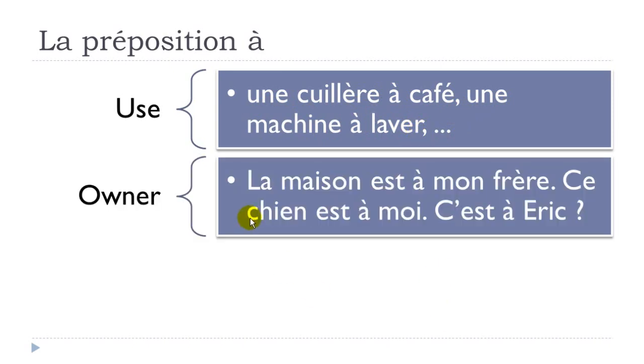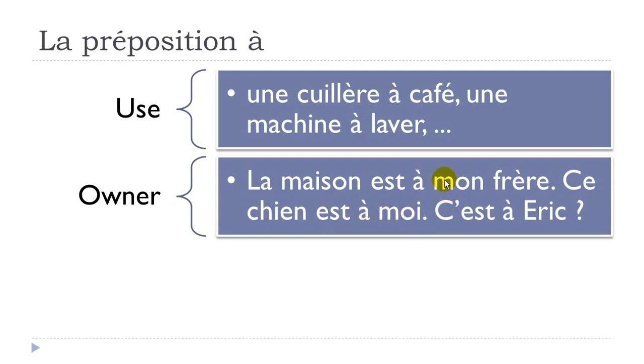Another option would be the owner. So if you want to say la maison, the house, est à mon frère. Okay, so belongs to my brother. So in that case, we use this être, to be, and then à here, mon frère, my brother. Or then you could say ce chien, this dog, is mine. So est à moi.